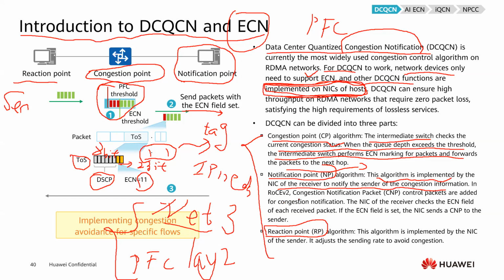In RoCEv2, congestion notification packets, CNPs, are added for congestion notification. The NIC of the receiver checks the ECN field of each received packet. If the ECN field is set, the NIC sends a CNP to the sender.